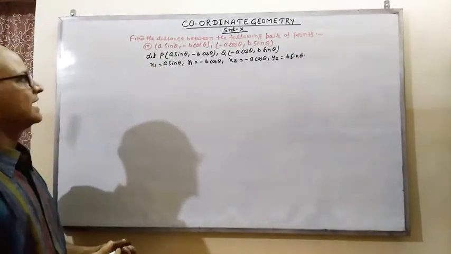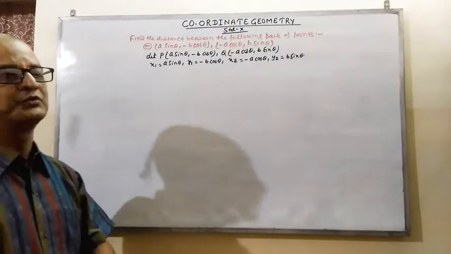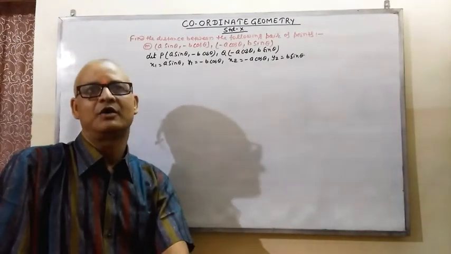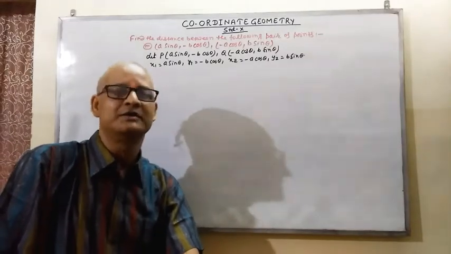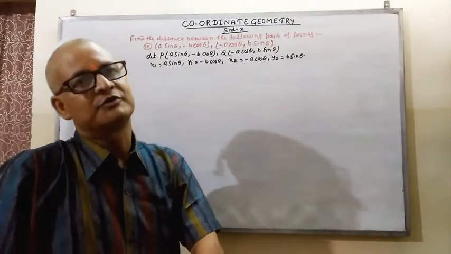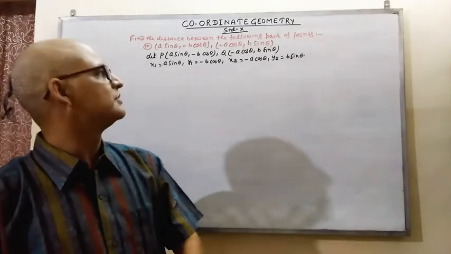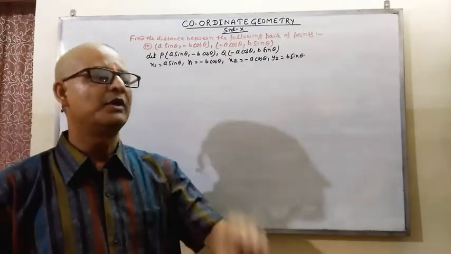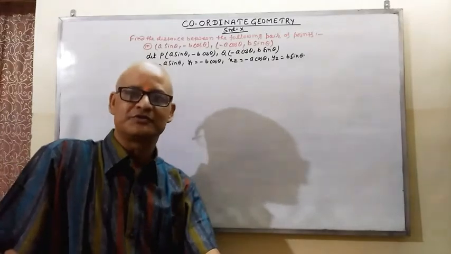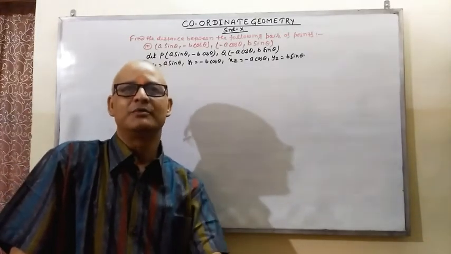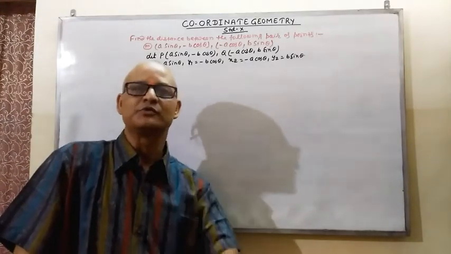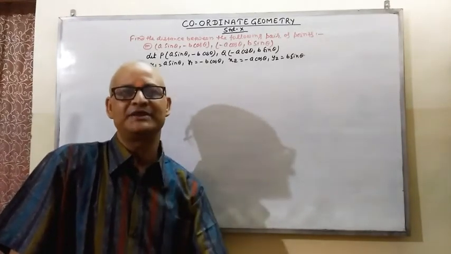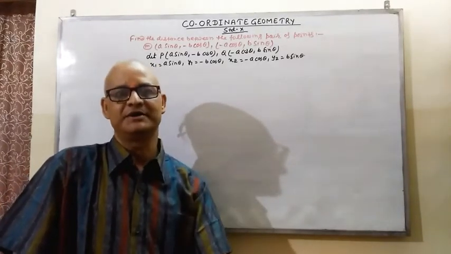I told you earlier, either you use x1 minus x2 whole square and y1 minus y2 whole square, or x2 minus x1 whole square and y2 minus y1 whole square. It depends on your convenience. Both are correct. Even in one term x2 minus x1 whole square, and in the second part y1 minus y2 whole square can be used. Any way you take the x coordinate difference and y coordinate difference.